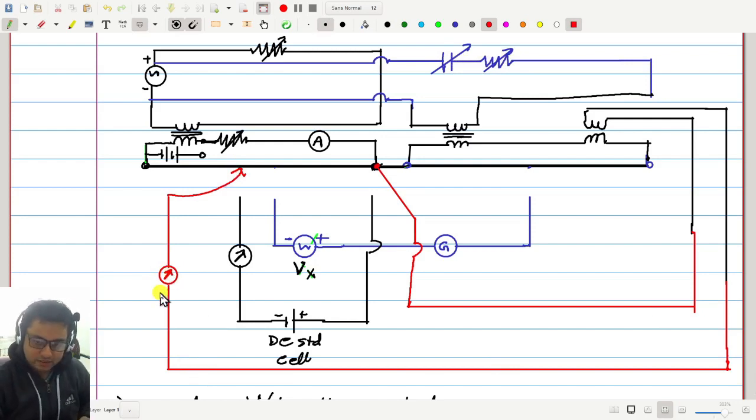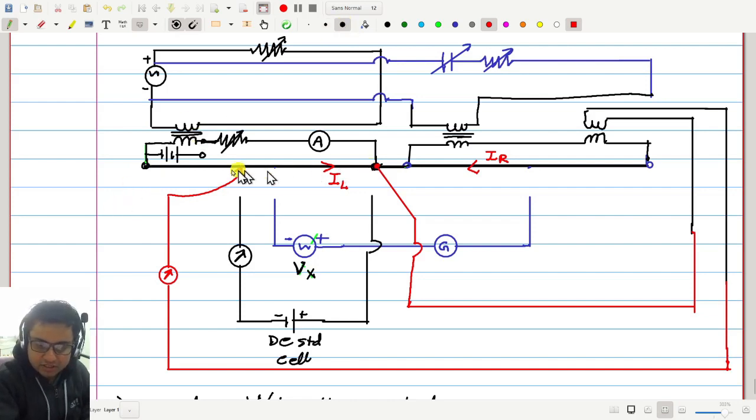Now you notice a number of things. Number one, let me call this current IL, L for left, and this current IR, R for right.